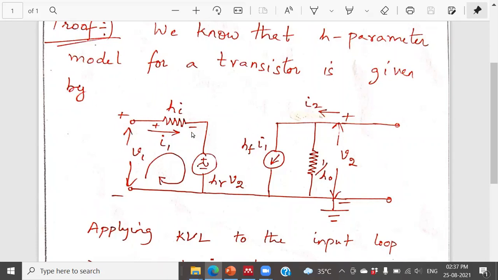According to the concept of H parameters, Hi is a resistance, Hr V2 is a voltage source, Hf I1 is a current source, and 1 by H naught is a resistance, which means H naught is conductance. Based on the four H parameters, we have this H parameter model for a transistor.